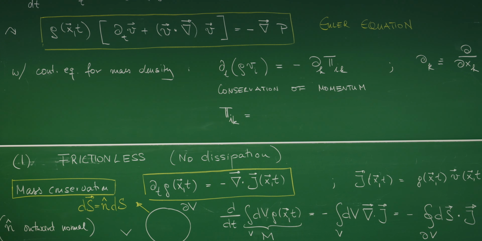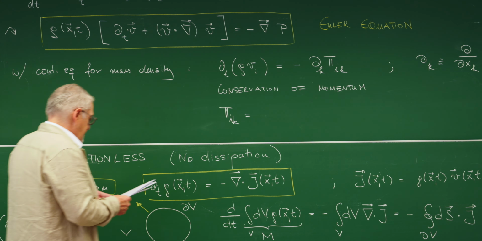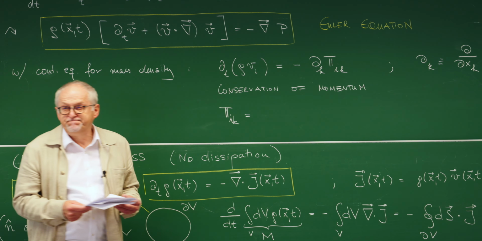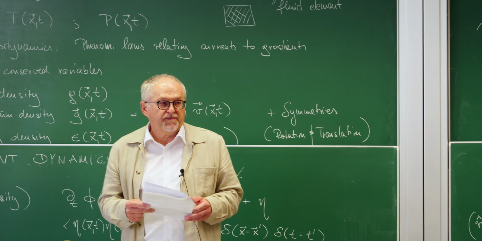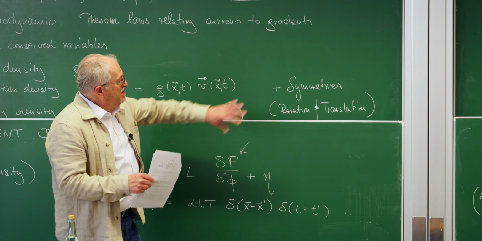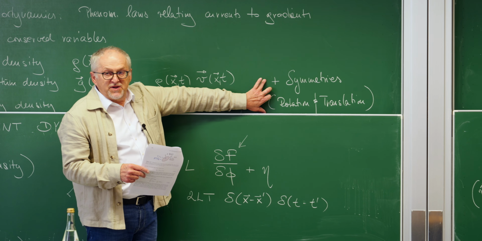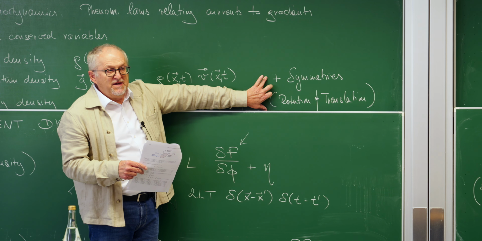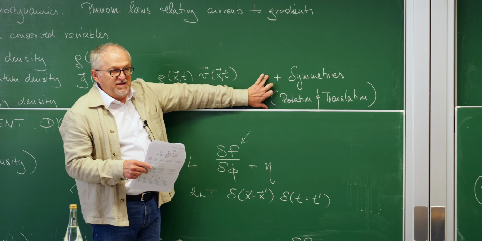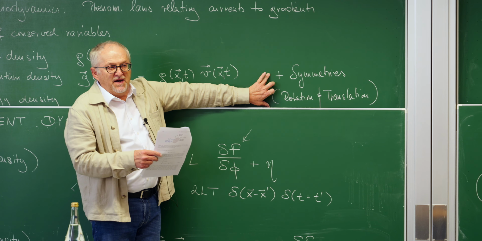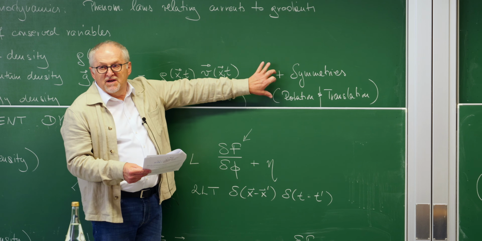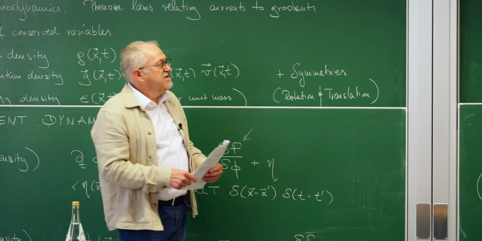I know what it is because I've calculated it, but even if I wouldn't, I could write it down. Why? This is a theory that has rotational and translational invariance. So if I write down vectors and matrices, they're actually tensors, and they have transformation properties that respect these symmetries.